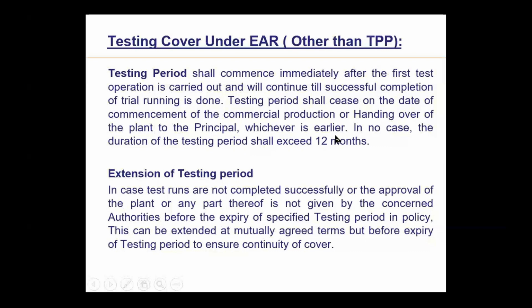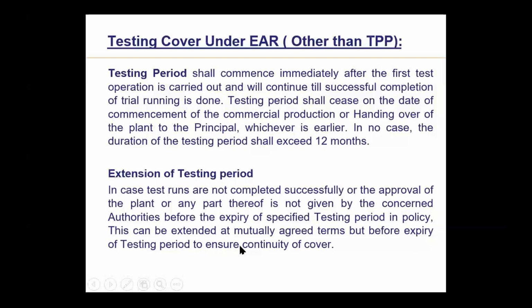Now, extension: in case the testing is not completed within the given time by the concerned authorities before the expiry of the specified testing period, then it can be extended, I told you. But you should apply for extension before expiry of the current testing period to ensure continuity of the cover.